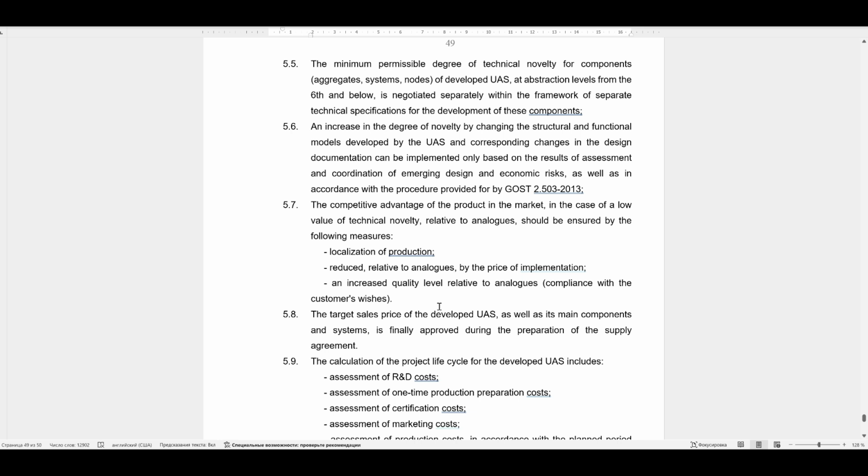Let's describe the following measures. The first: a high level of localization of production, if there are protectionist policy and localization requirements of the target market. The second: a lower selling price relative to analytics. And the third: an increased level of quality relative to analytics.